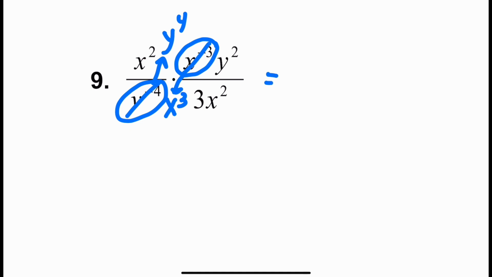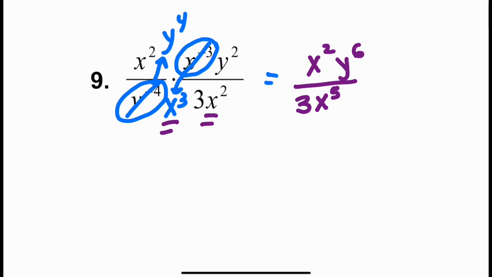So let's look at our numerator. We have an x squared. And y to the 4th and y squared, there's 4 y's plus 2 more, that's going to give us y to the 6th. In the denominator, I have a 3. I also have 3 x's here and 2 more. Altogether, I'm going to have x to the 5th.